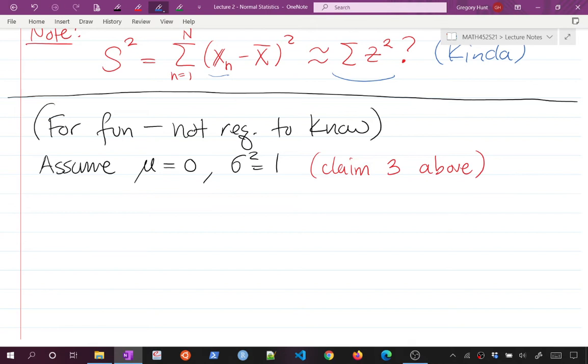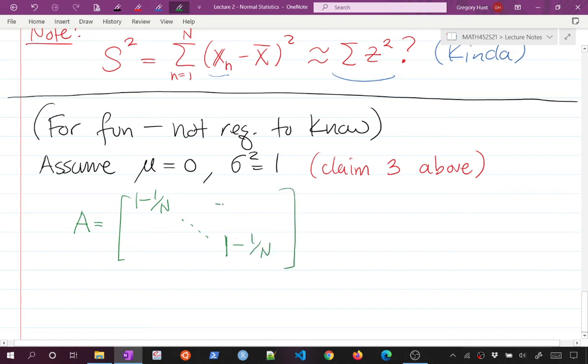If that were true, what we would be able to do is form a matrix that looks like the following. On the main diagonal, it would have 1 minus 1 over n. And off the diagonal, it would have negative 1 over n.